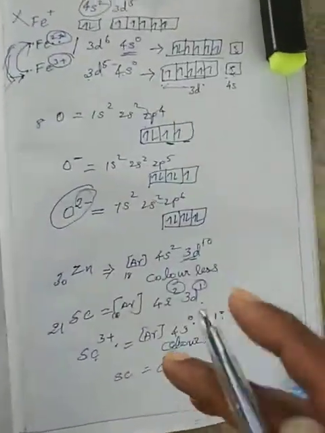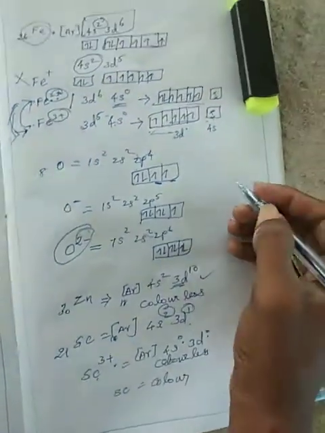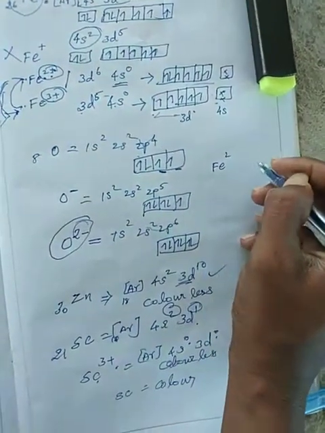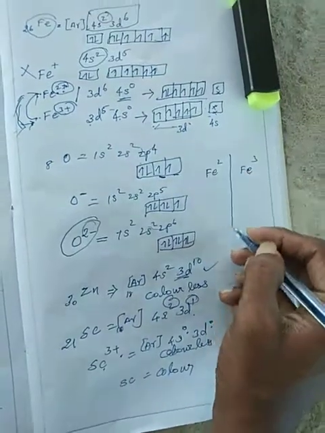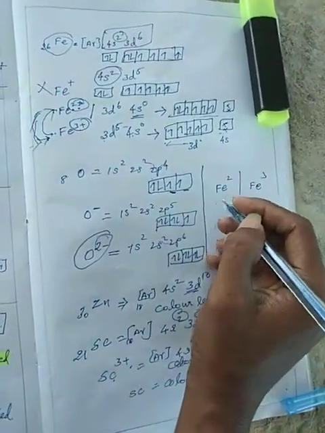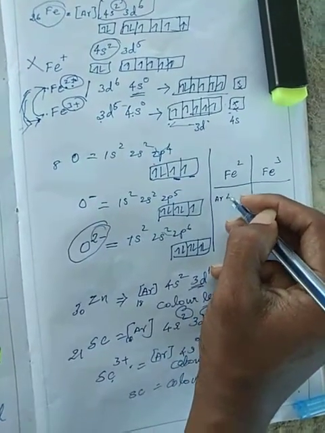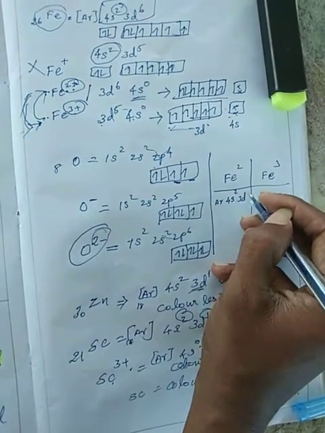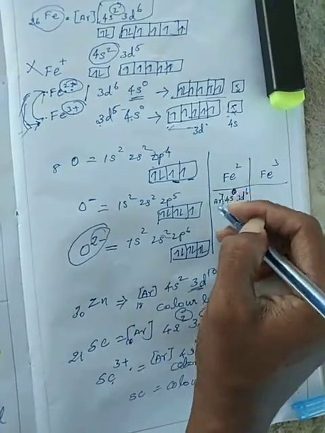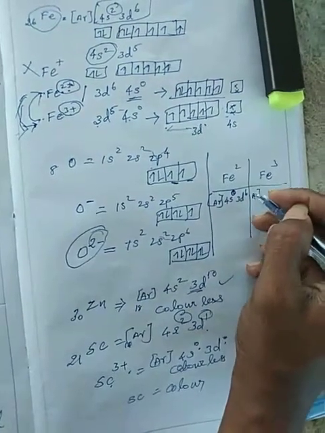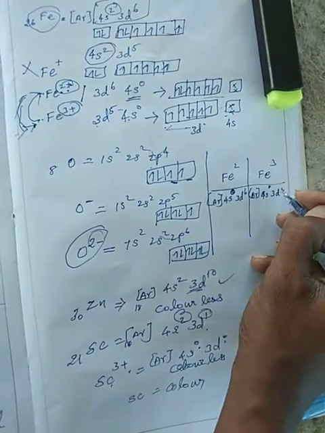Compare like that, zinc's outermost orbitals completely filled are more stable, compared to Fe2 plus and Fe3 plus, comparing the two different properties. So Fe2 plus and Fe3 plus: argon 4s2 3d6, and the loss of 2 electrons gives 4s0. And next, argon 4s0 3d5.